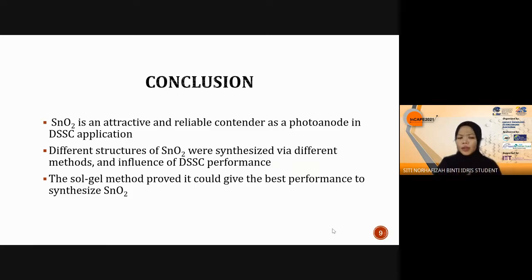In my review, the sol-gel method proved it could give the best performance to synthesize tin oxide and used as photoanode in the DSSC. My last word is choose the best method so that you can get the best result.